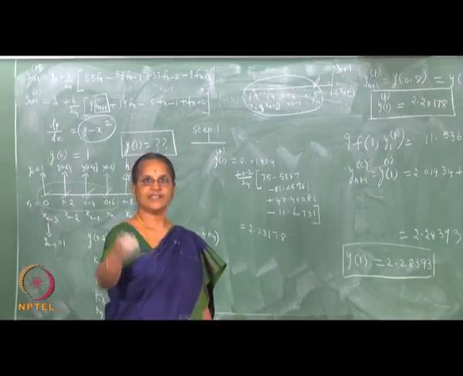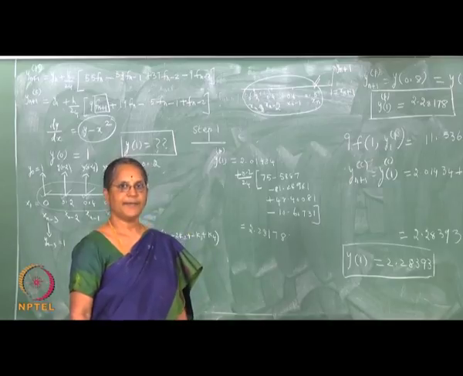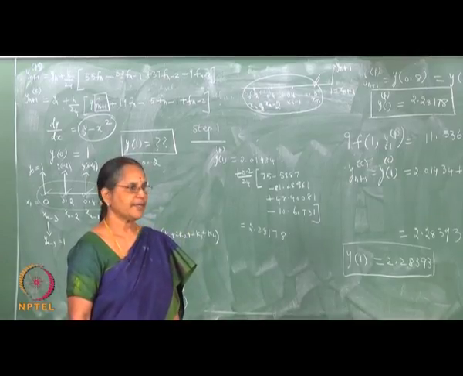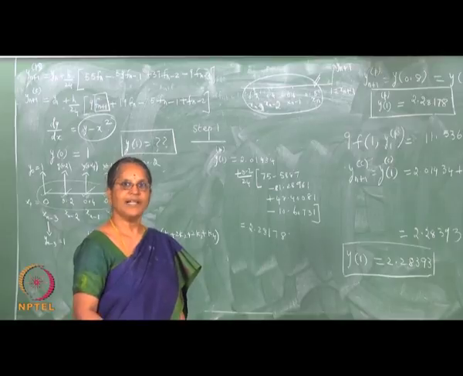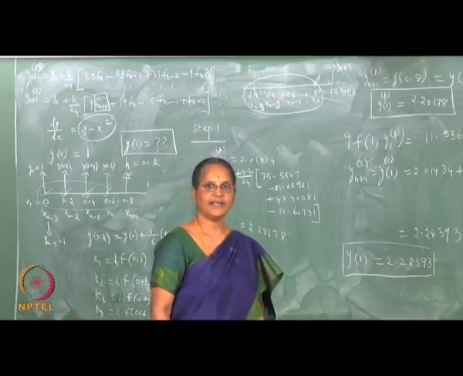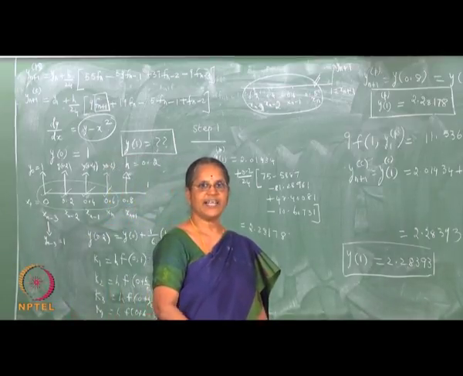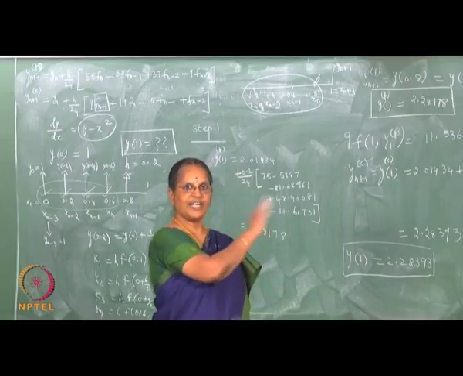So, in the next class we shall derive another predictor corrector method, which is known as Milne's predictor corrector method, and the computation details are analogous to what we have done here.